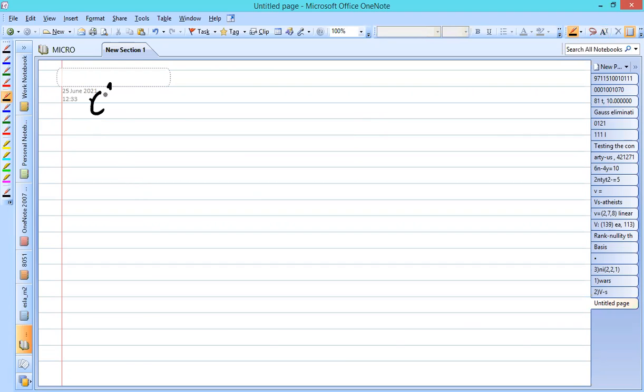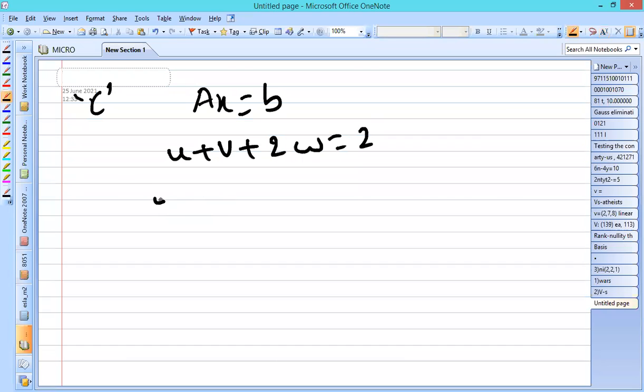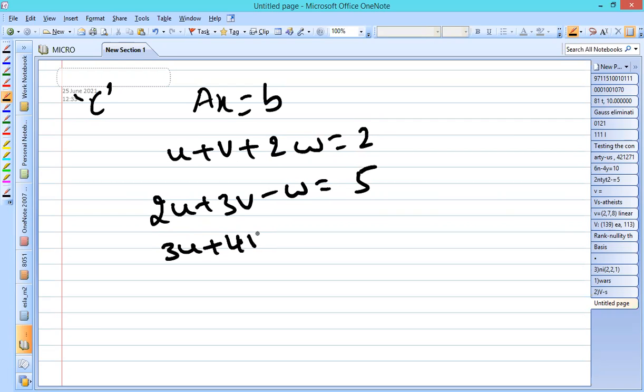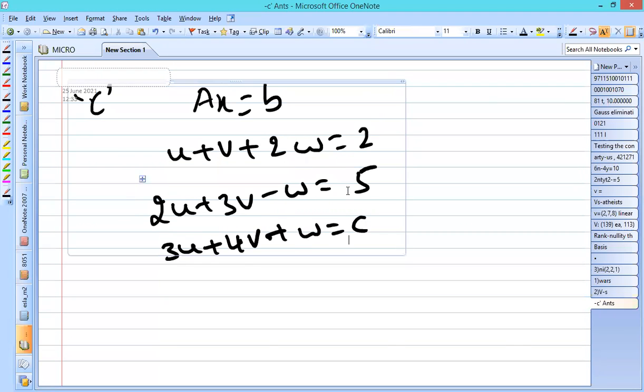Find the value of C that makes it possible to solve the equation Ax is equal to B, which is defined by U plus V plus 2W is equal to 2, 2U plus 3V minus W is equal to 5, 3U plus 4V plus W is equal to C. Did I solve this problem in the previous classes?